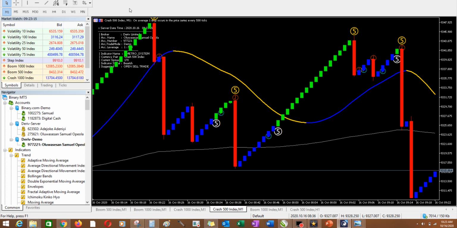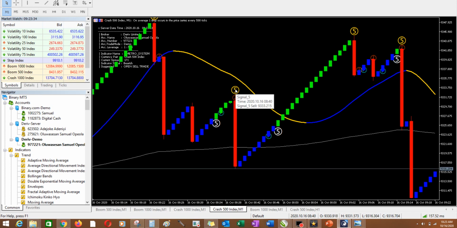After installing the files for the signal indicator, you have all your candles changed. The colors of all your candles are customized in this pattern, and I'm going to explain every bit of it to you. Then we have the circled 5 here in yellow color, then we have another one in white color.